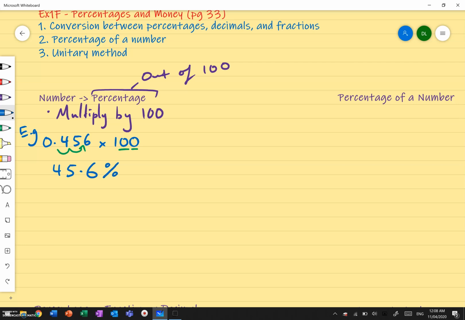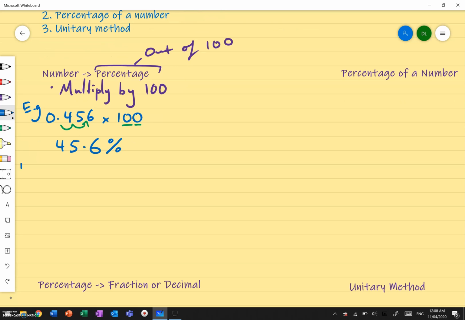That's it. Let's go through one more example. Let's say I have 2.65. If I'm timesing by 100, same thing, how many zeros do I have? 2, so I move the decimal place twice, so I write 265.